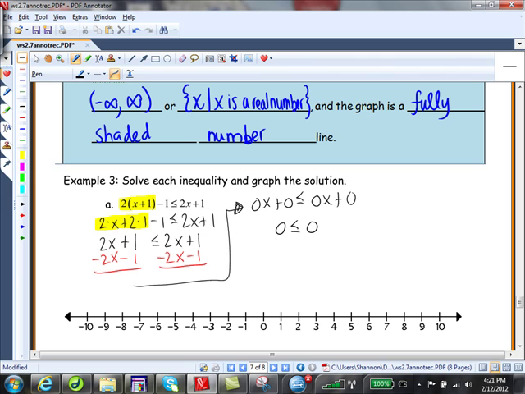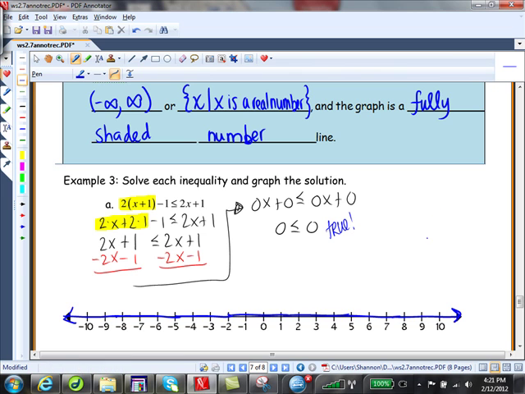Now, this works because of the or equal to, all right? Less than or equal to 0. So this is true, right? So we would fully shade our number line like this. Fun times, right?